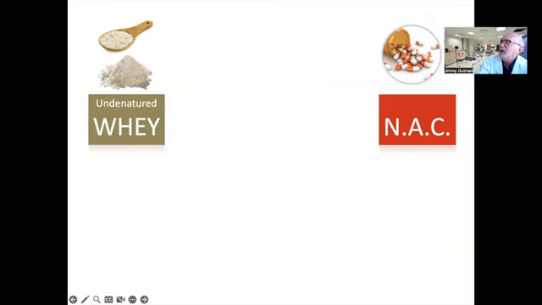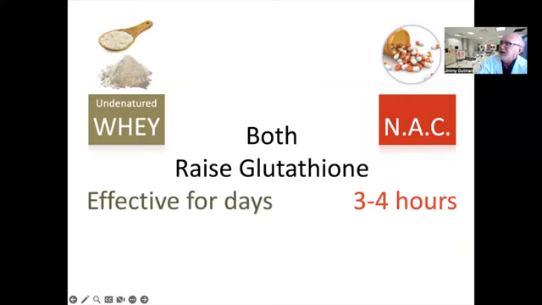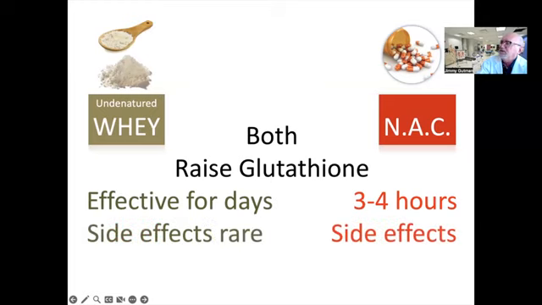So to quickly summarize the differences between the two, both of them raise glutathione. NAC has a short half-life of about 3 to 4 hours. Immunocal is effective for days. NAC has side effects. Side effects are rare for whey protein isolates like Immunocal.